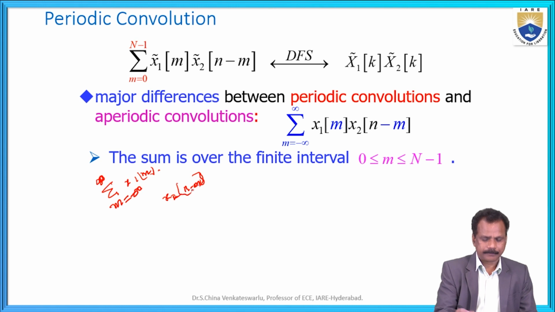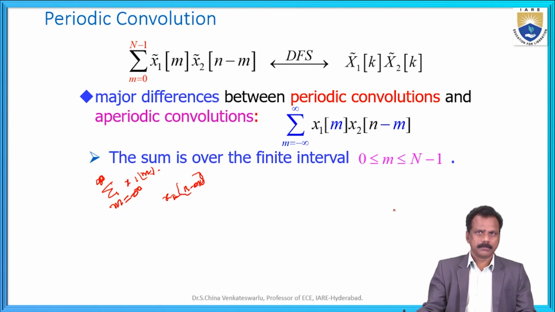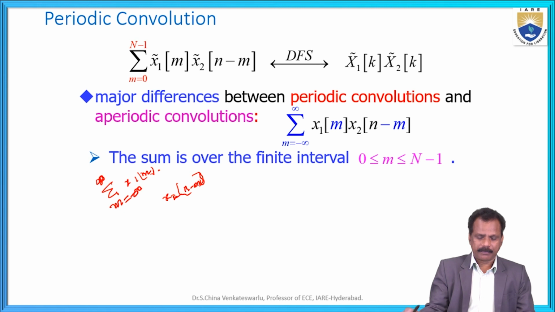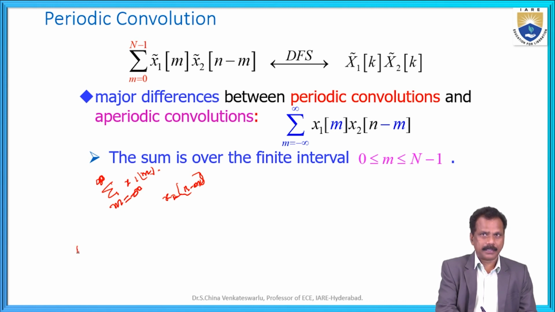The major difference is that in periodic convolution the sum is over a finite interval, specified as 0 less than or equal to small m less than or equal to capital N minus 1.